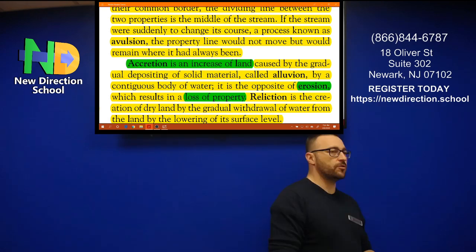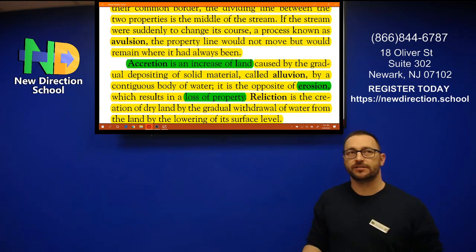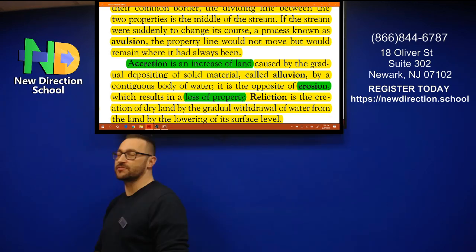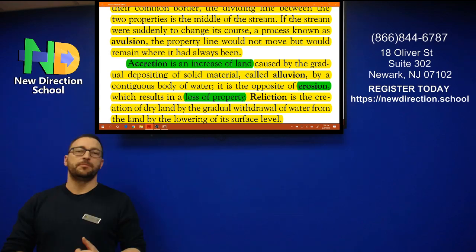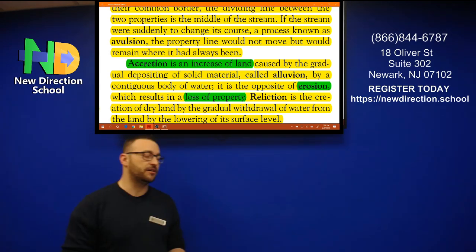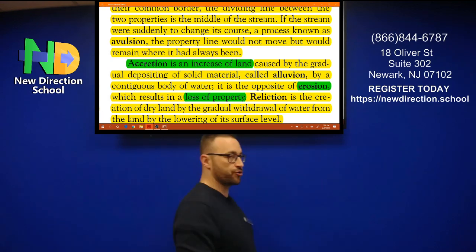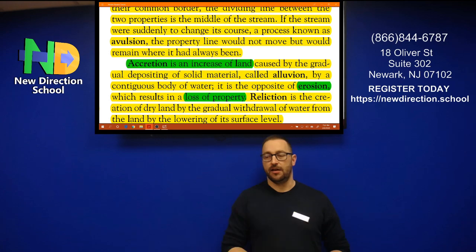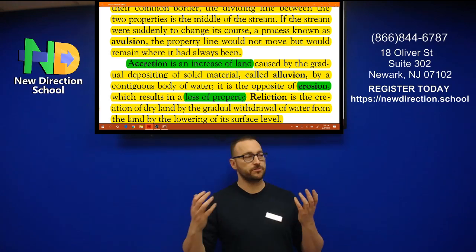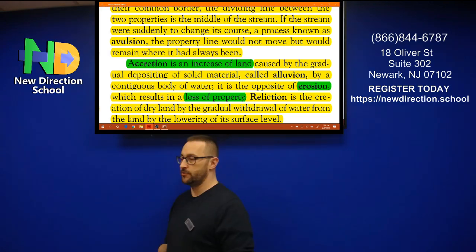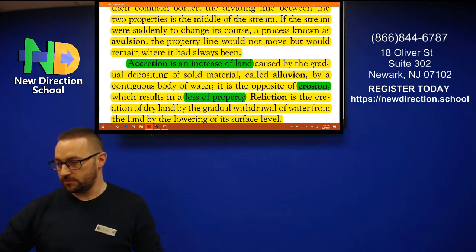So accretion or addition is an increase in land caused by the gradual depositing of solid material called alluvion by a contiguous body of water. And this is the opposite of erosion, which results in loss of property. Accretion, you gain. Erosion, you lose.